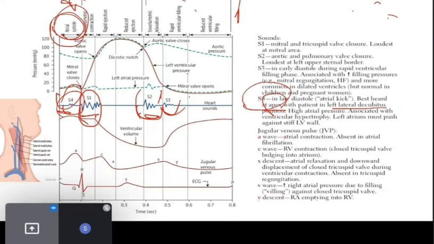Now, high atrial pressure associated with ventricular hypertrophy: if you have ventricular hypertrophy, the ventricles have much more muscle, but they are more stiff.